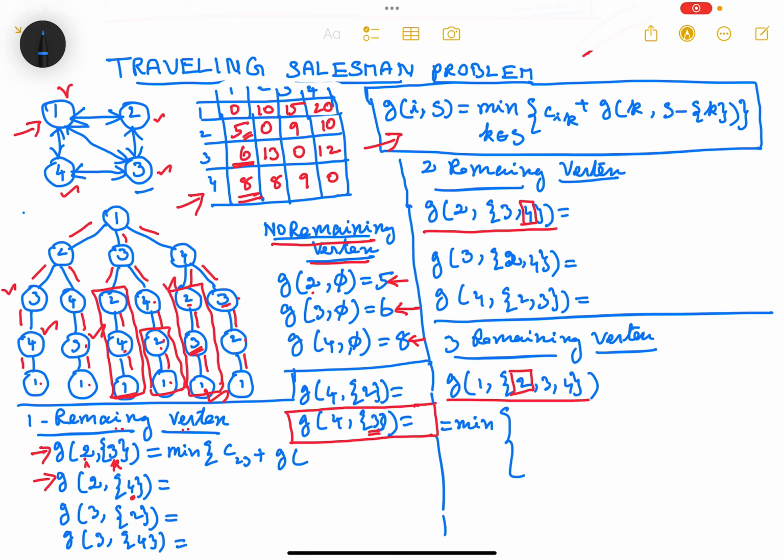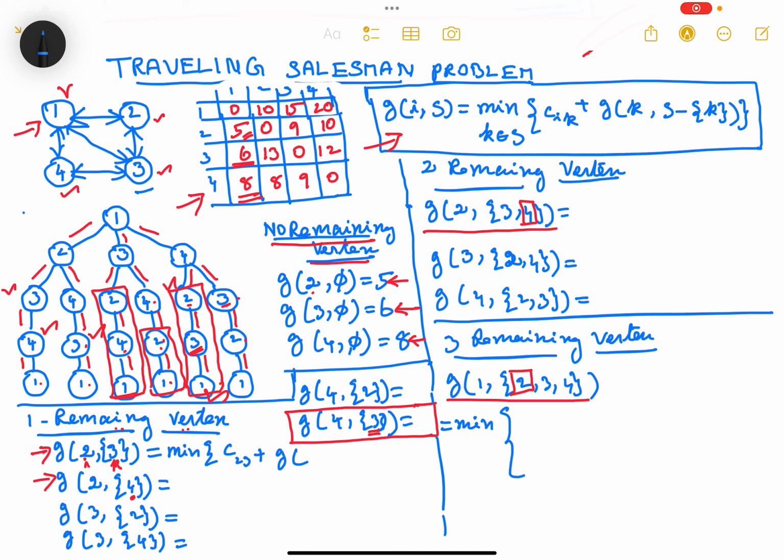In the set S, other than k, whatever remaining vertices are available in that set, we have to write. Here only vertex 3 is there, which we have taken. Other than 3, nothing is there, so I am putting the empty set here, and then close the parenthesis.